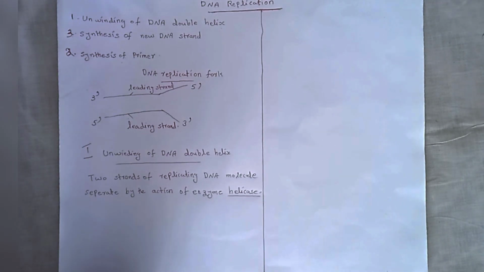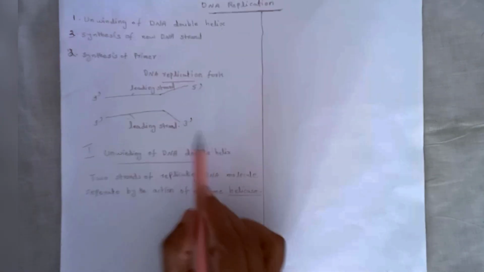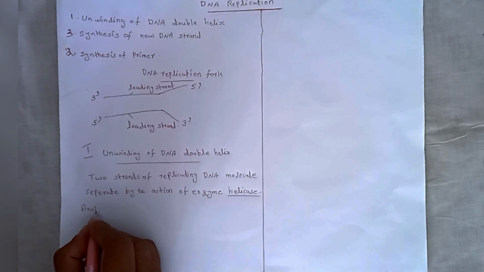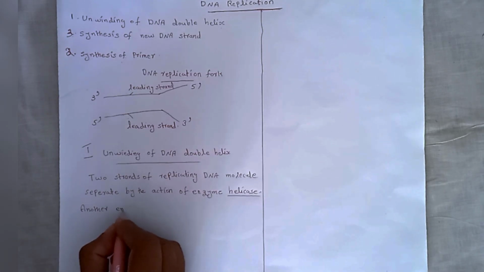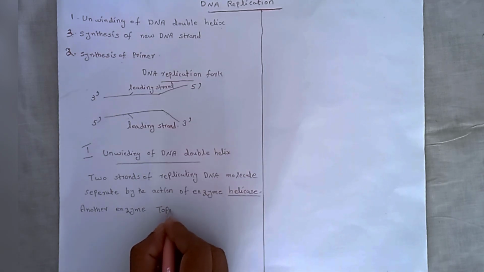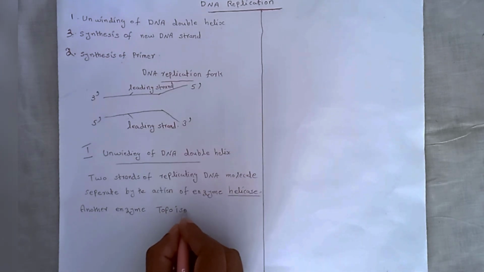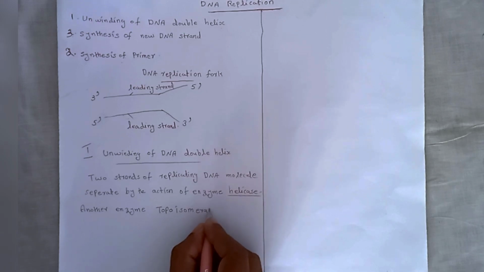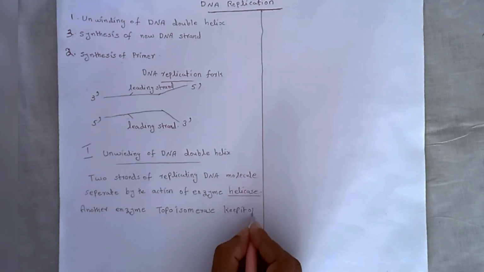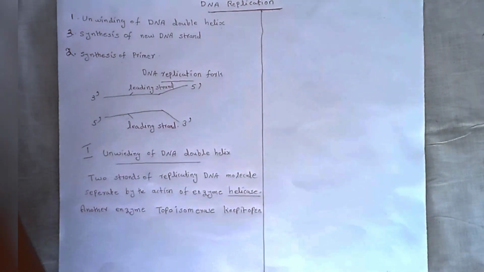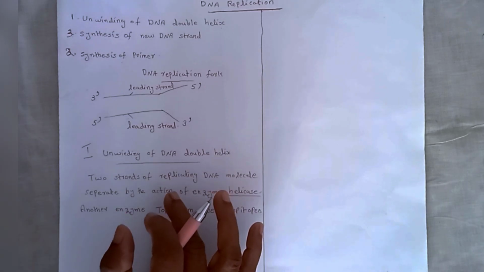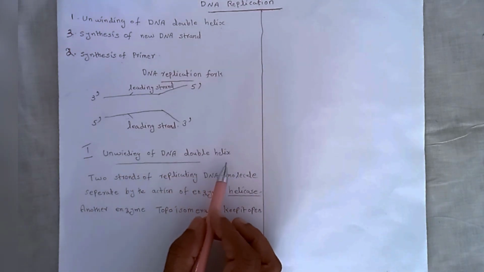Then another enzyme, topoisomerase, keeps it open. Now we have completed the first step of DNA replication, that is unwinding of the DNA double helix.